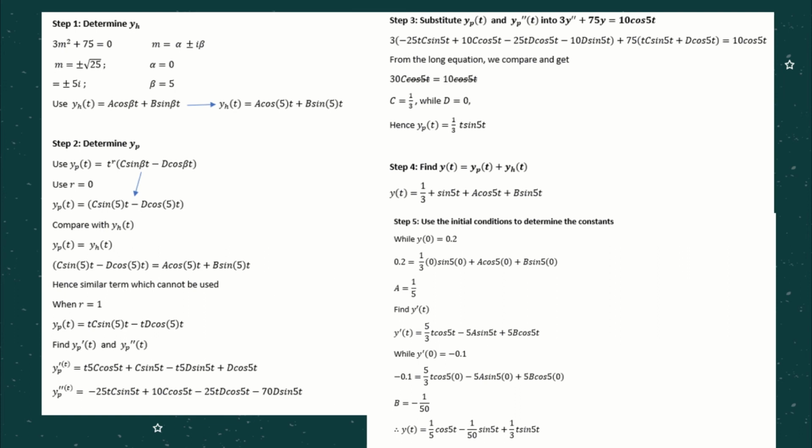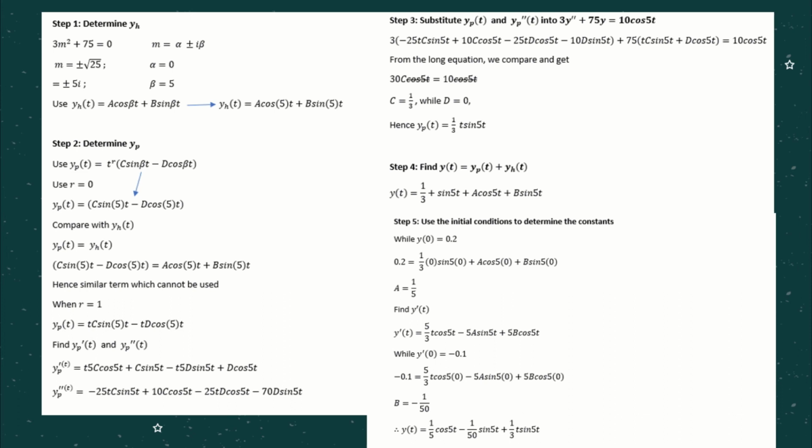From the comparison, we can see that there are similar terms, so we cannot use this equation. Then we use r equal to 1. Then we compare again and we get a different equation. There is no similar term in the equation.